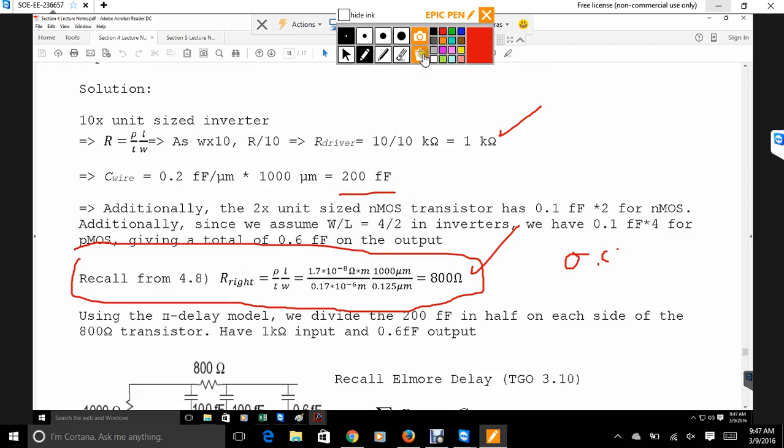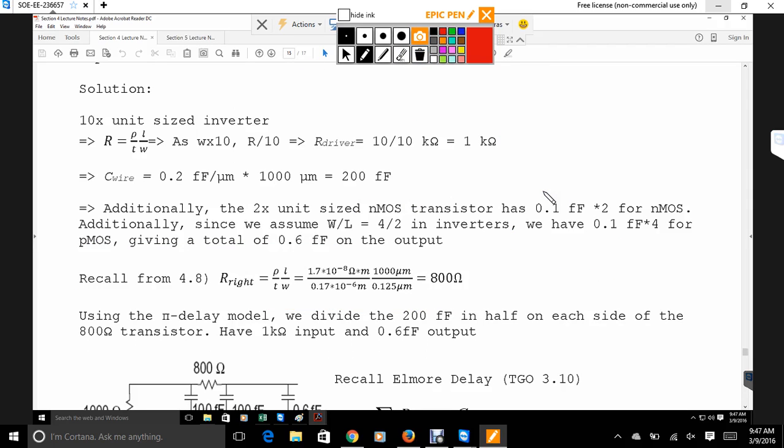So here's what we're going to do. We're going to use a pi model. We're going to have an input resistance of 1 kilo ohm, right? And then we figured out that the wire capacitance is 200 femtofarads. If we use the pi model, that means we're splitting the capacitance in half, on each side of our calculated wire resistance.